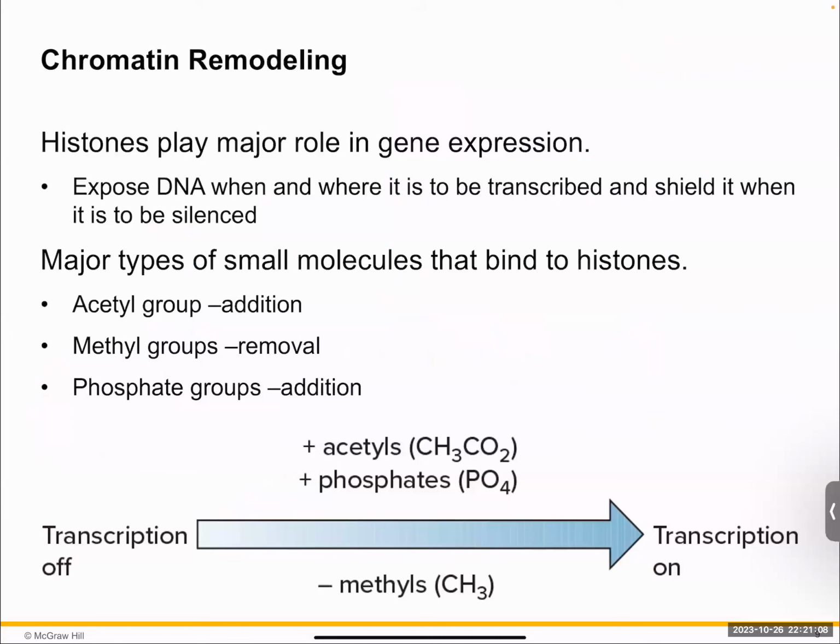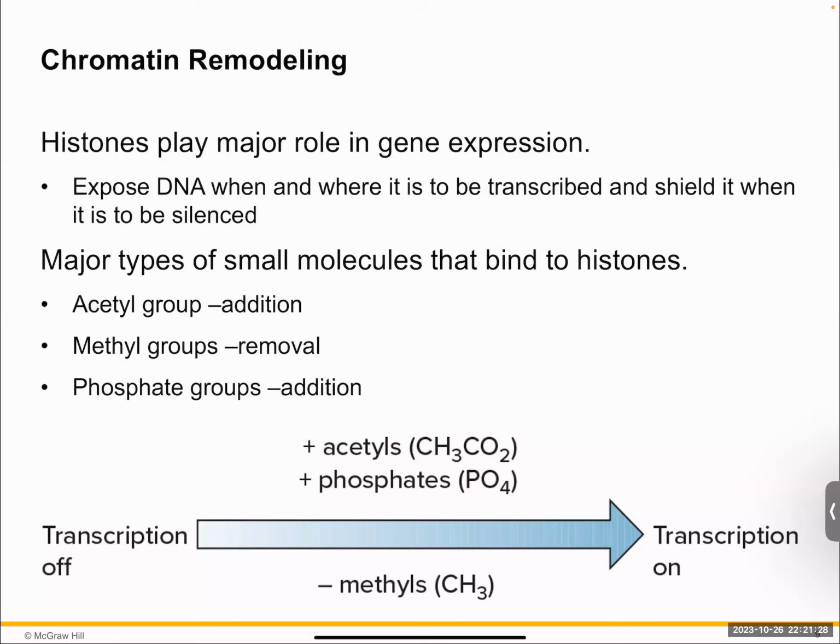So let's take a look at chromatin remodeling. There are components that can help you control the gene expression. This is basically looking at how the DNA has wrapped itself around the histones.